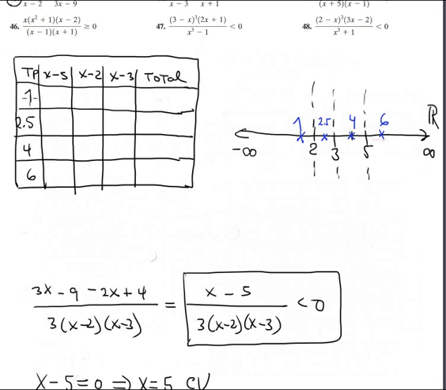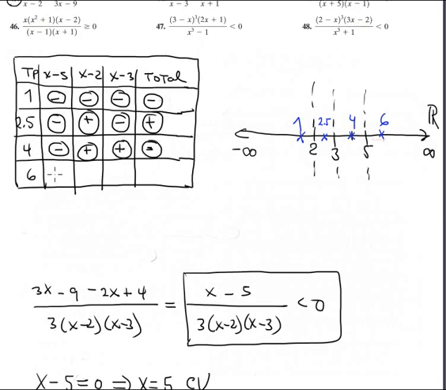Okay, let's plug in. 1 here is negative, negative, negative, so the total is negative. 2.5: negative, positive, negative, so positive. 4: negative, positive, because 4 minus 2 is 2 positive. And this is positive, therefore it's negative. 6: positive, positive, and positive, therefore it's positive.